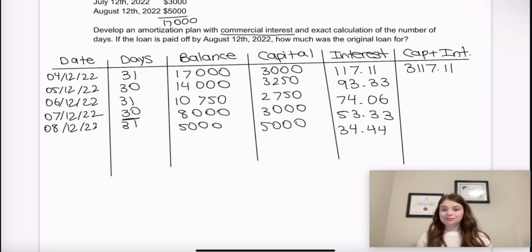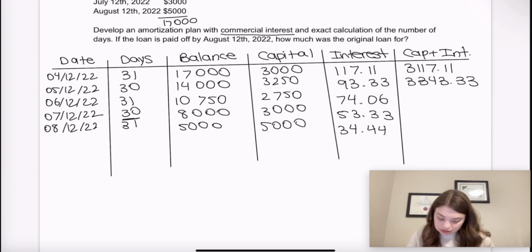I'm not sure. Then for the next one, we have $3,250 was paid off in capital plus $93.33 in interest, is $3,343.33. Then we have $2,750 plus $74.06, which is going to be a total payment of $2,824.06.